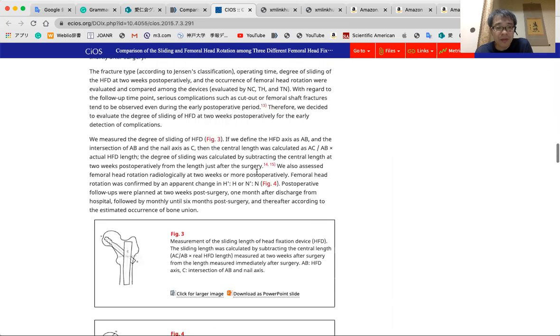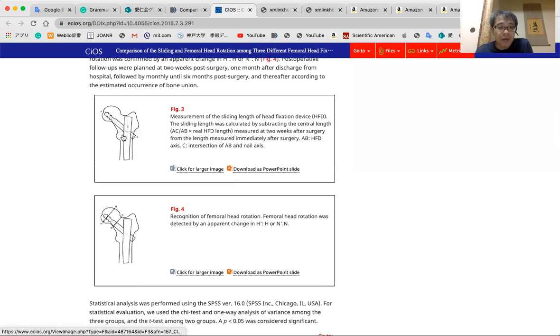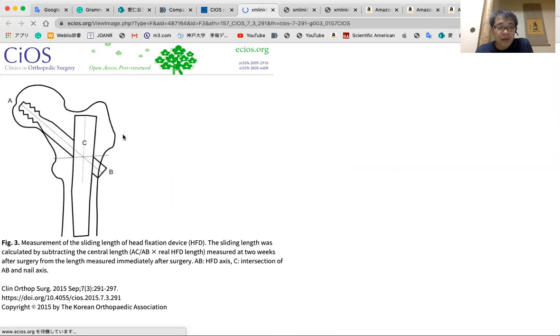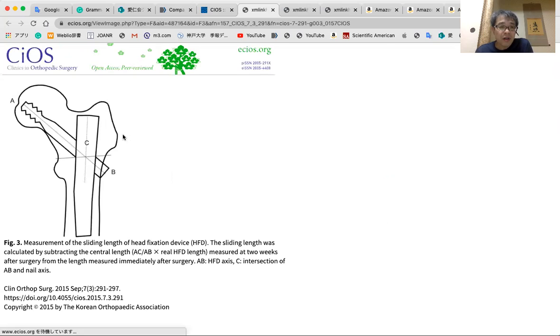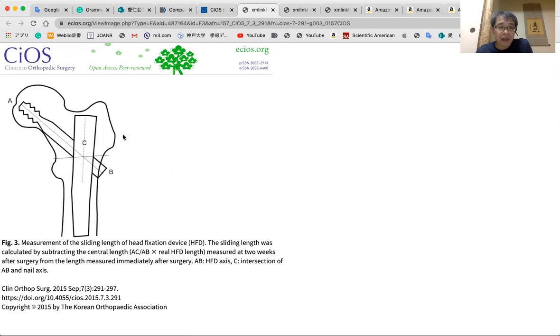Then we measured the sliding length. We calculated the sliding length using this figure.